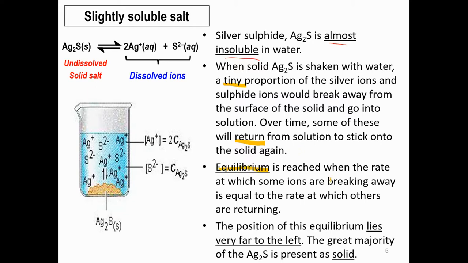Thus, equilibrium is reached when the rate at which some ions are breaking away is equal to the rate at which others are returning. The position of this equilibrium lies very far to the left, meaning that the great majority of silver sulfide is present as solid.